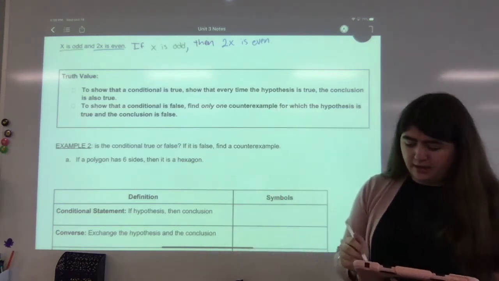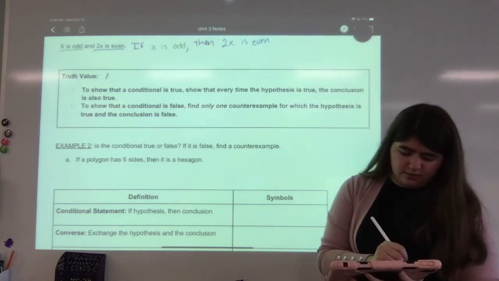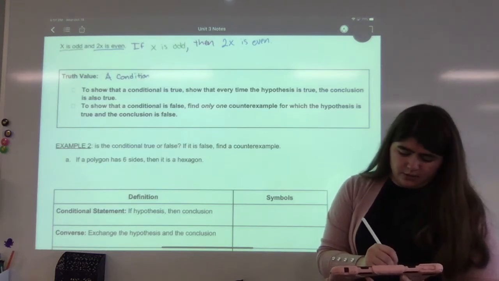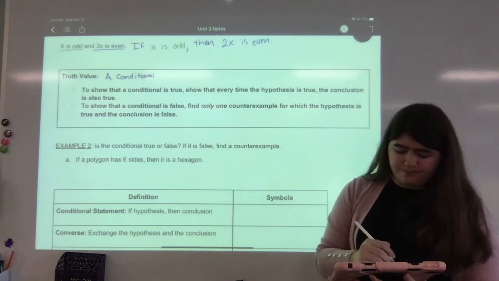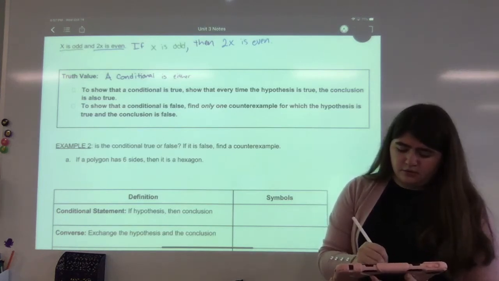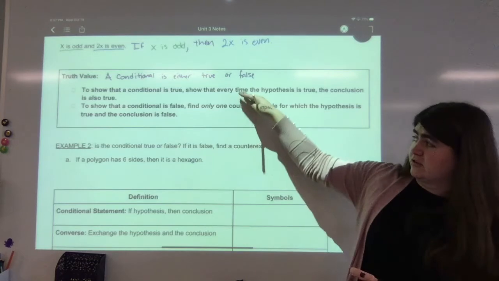So let's write that above. A conditional statement, and remember a conditional statement is an if-then statement, is either true or false. That's essentially what these two things are saying here.